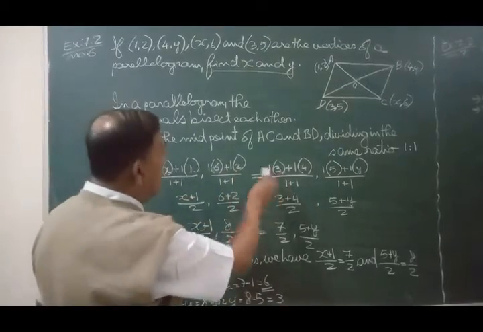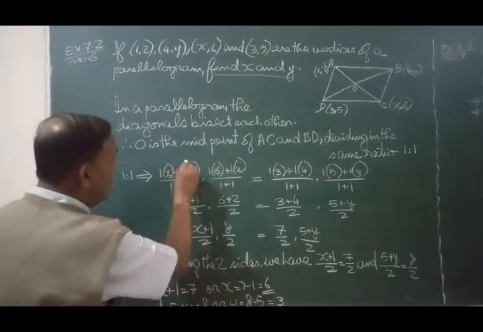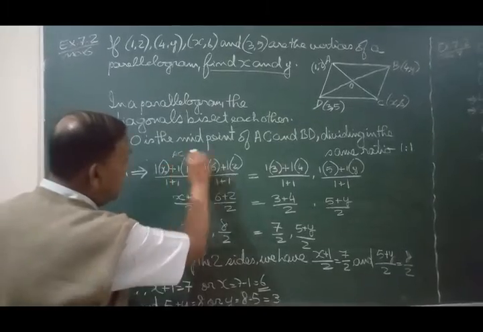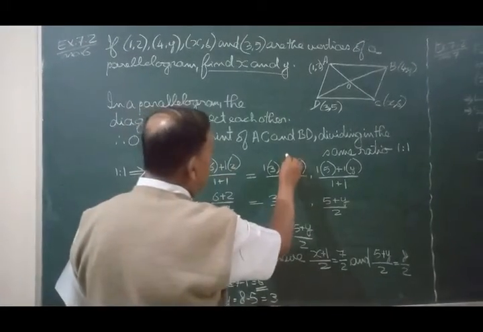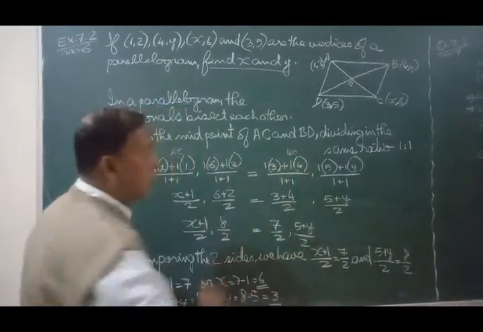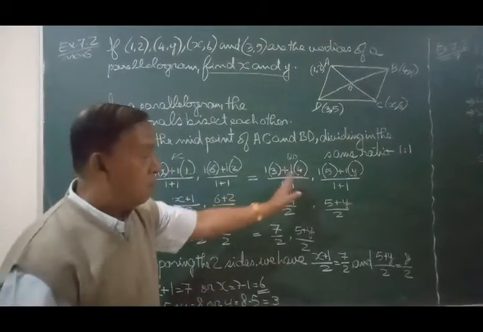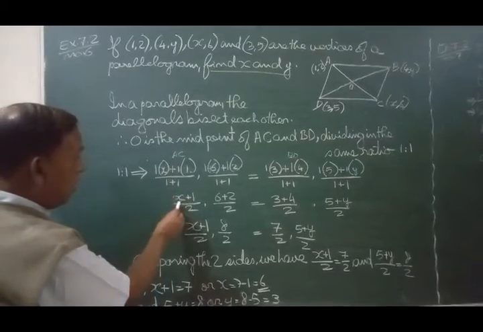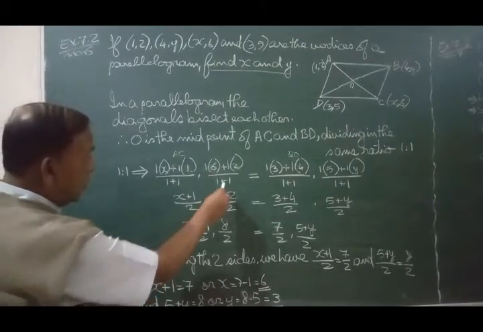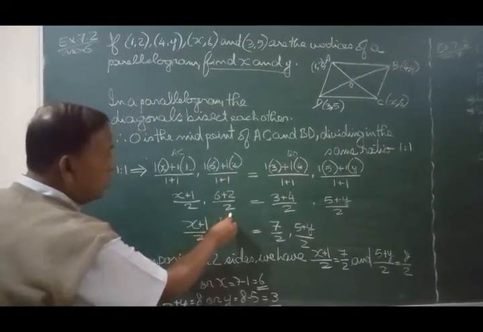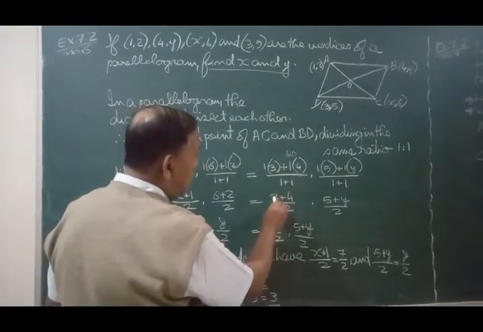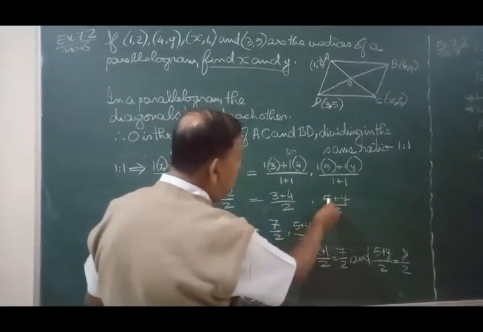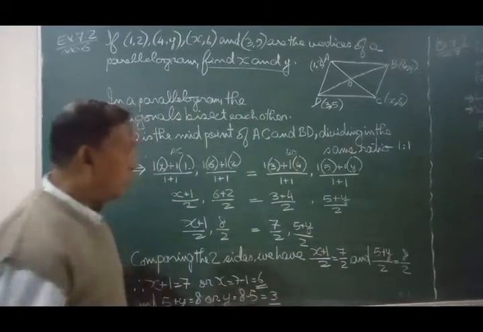So please remember, this is for AC and this is for BD, the second diagonal. Same formula. When you simplify the formula, x plus 1 upon 2, 6 plus 2 upon 2; here, 3 plus 4 upon 2, and here 5 plus y upon 2.